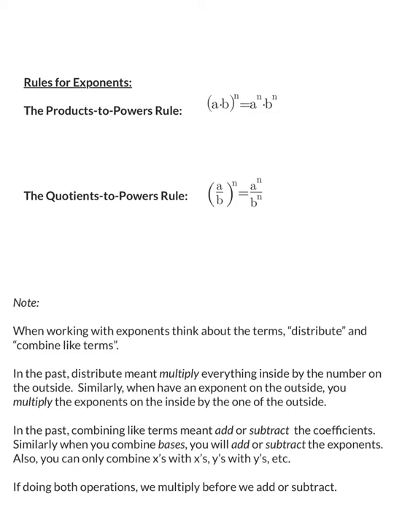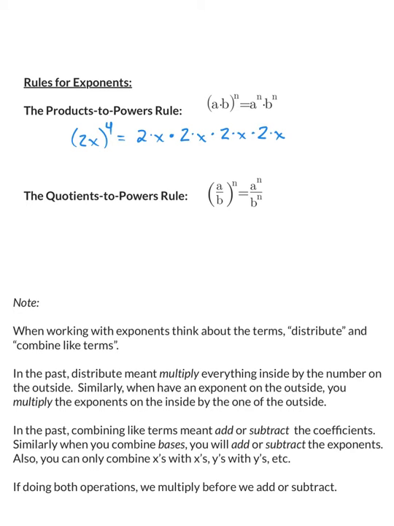So we'll look at an example of the products to powers rule. Let's say we have something like 2x raised to the fourth. Remember that this is 2 times x times 2 times x times 2 times x times 2 times x.